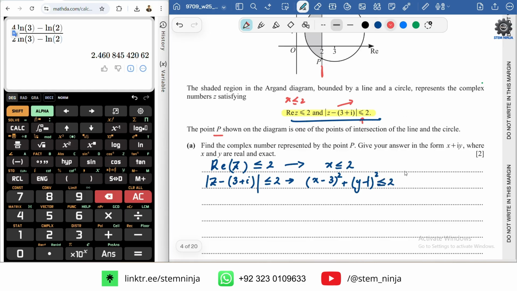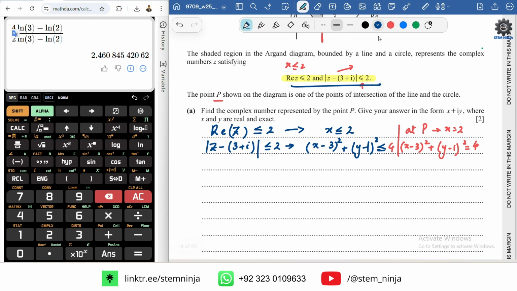Okay, so at P, x is equal to 2 and (x − 3)² + (y − 1)² is also equal to 4. This would be 4 because it's r squared.